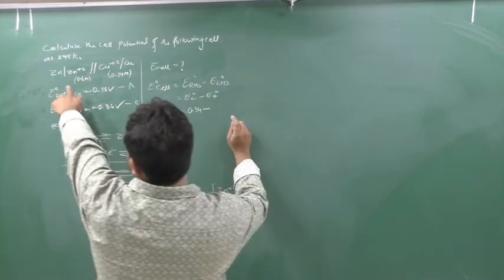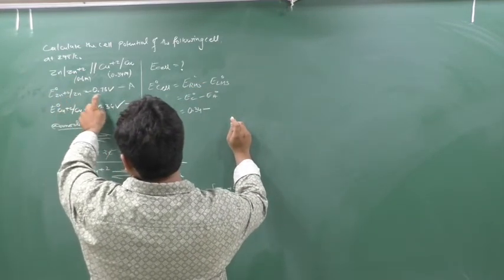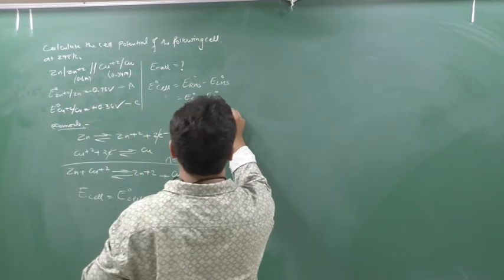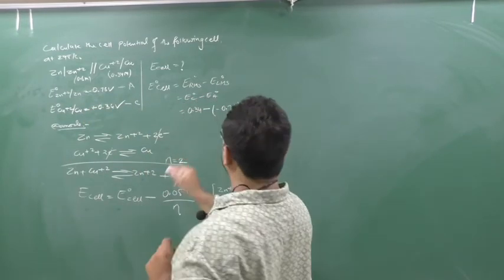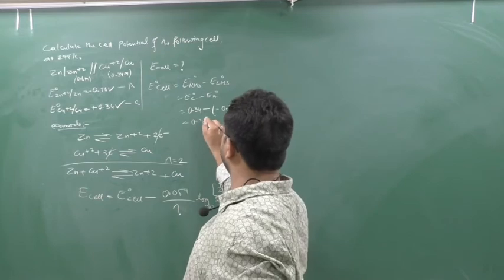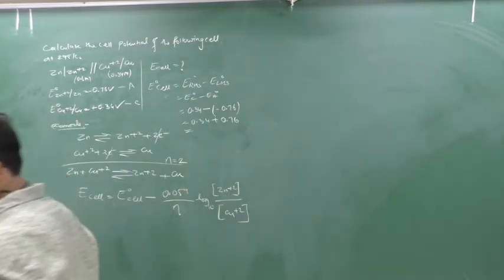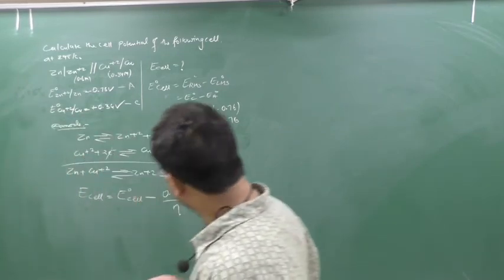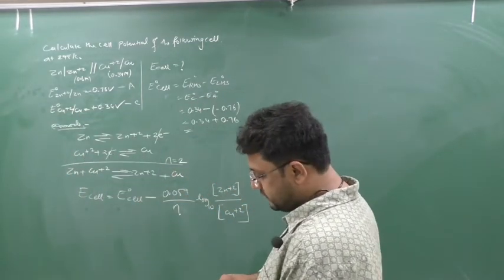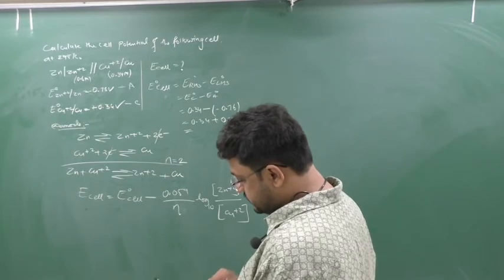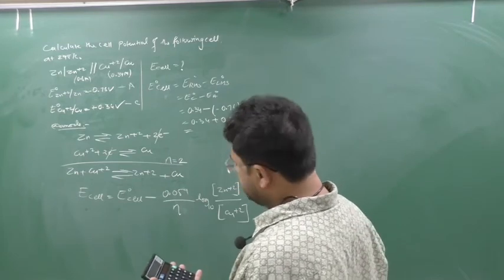Which is the anode? Zinc. And what is the value for zinc? Zn plus 2, that is minus 0.76. So, into bracket minus 0.76. So, the answer will be 0.34 plus 0.76, 1.1.